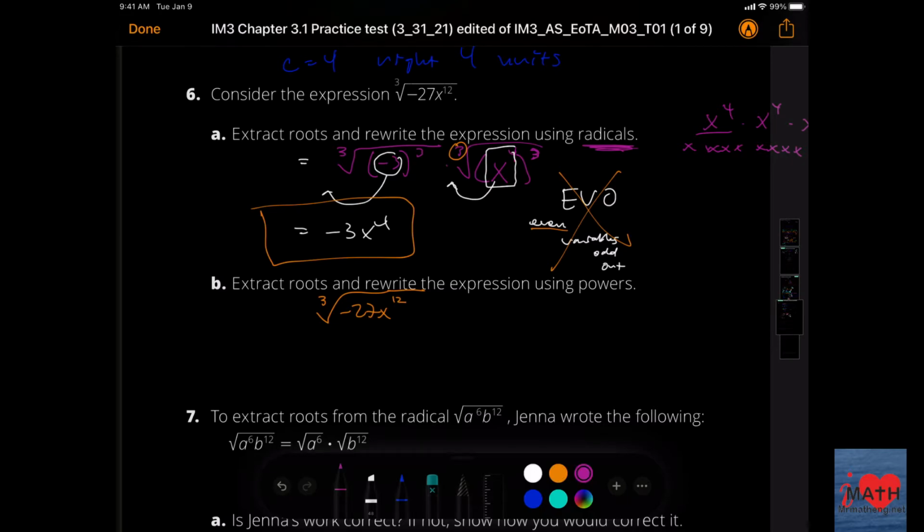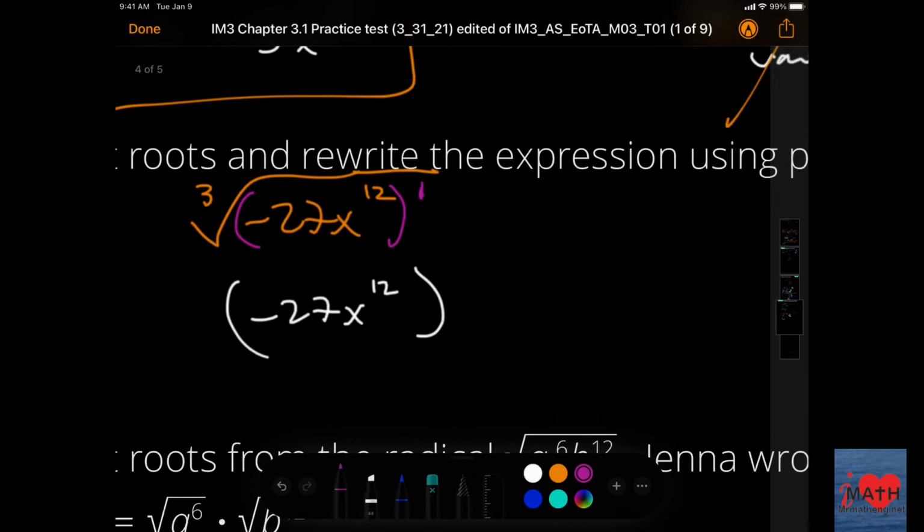And I'm going to do something not crazy, but I'm just going to put all this to the first power. So I have negative 27x to the 12th power. And the numerator inside the radical is a 1. And the index over here is a 3, which becomes my denominator, the down part of the fraction.